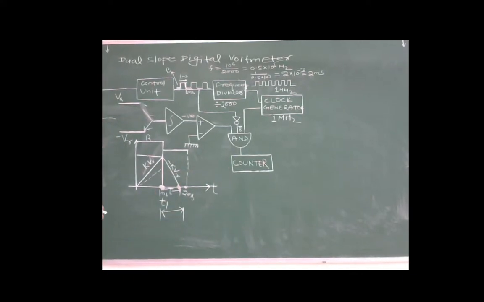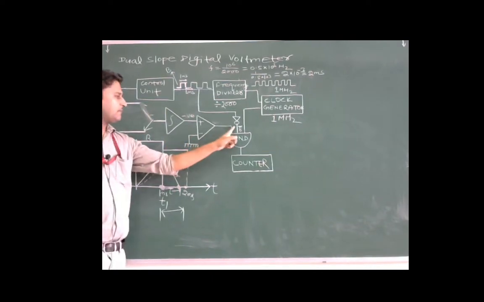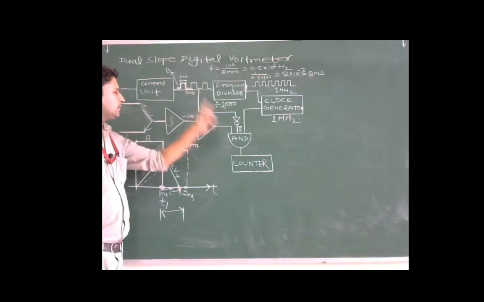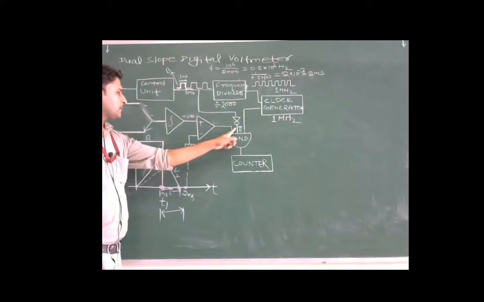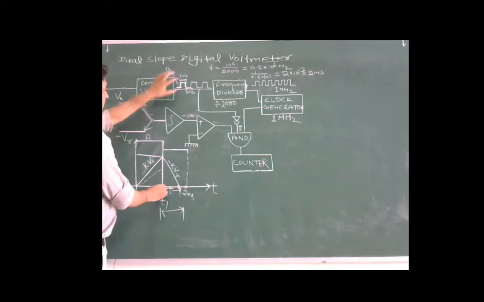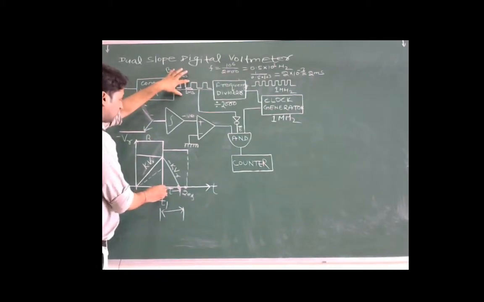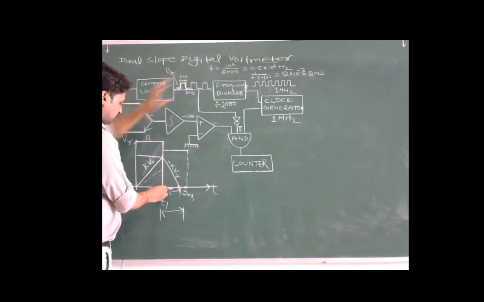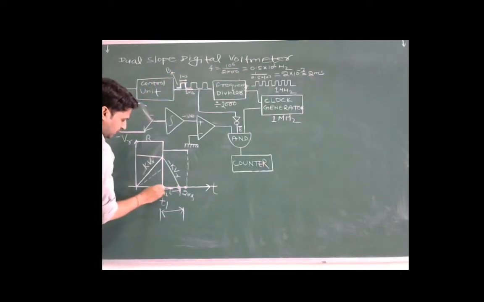Again, when this signal becomes low, the switch is connected to minus Vr, and B bar becomes high, so the counter starts counting from here.